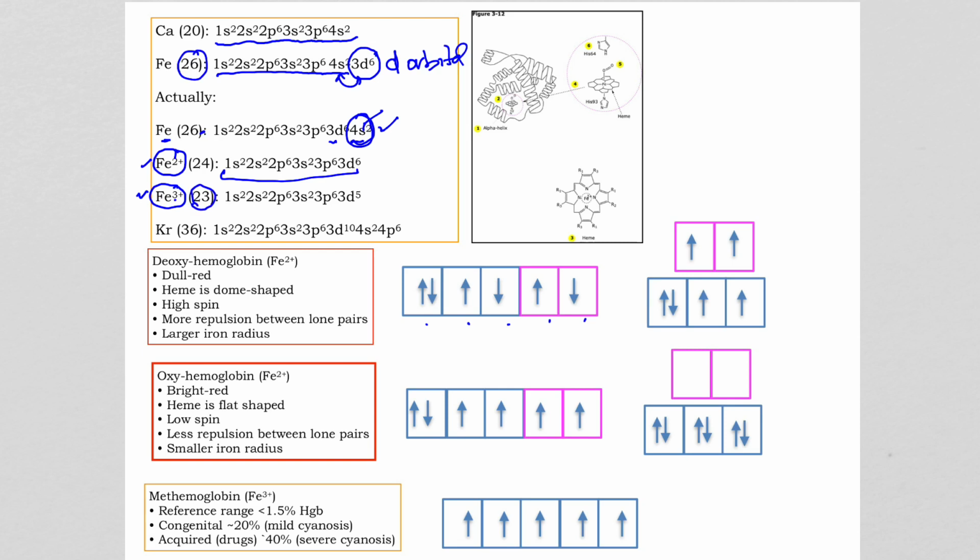And when you arrange the 23 electrons, this is the electron configuration that you get. Now, there is a reason why I wrote the electron configuration for the noble gas krypton, which has 36 electrons. We'll talk about that in a few minutes.